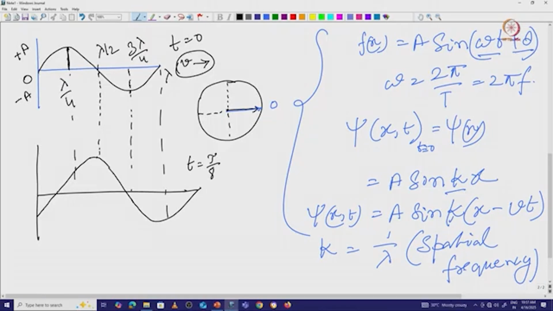So, there is a motion because of this time, the wave is moving in this particular direction with a velocity v, and there are some changes. Now if we want to plot this one, we can say this is 0, this is now lambda by 4, and this is lambda by 2, and then 3 lambda by 4 and so on.